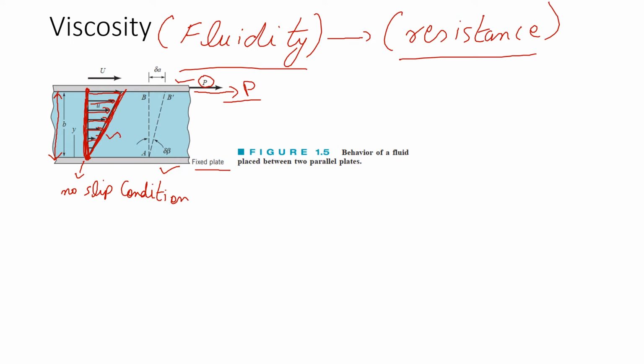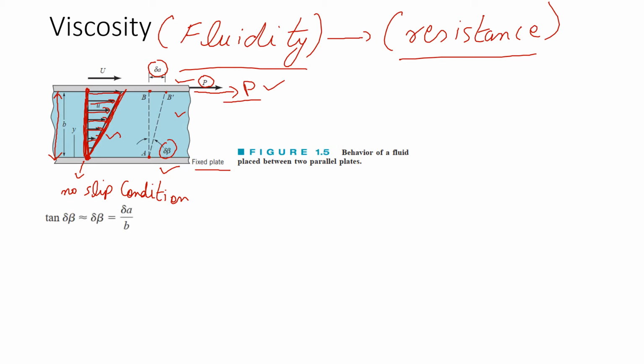Now, redrawing this velocity profile right here, we assign some points, A, B, B dash, and this is delta beta, the angle, and this is the small delta A, the small distance that is displaced when we moved that movable plate by applying force P. So now let's apply some trigonometry to this triangle.